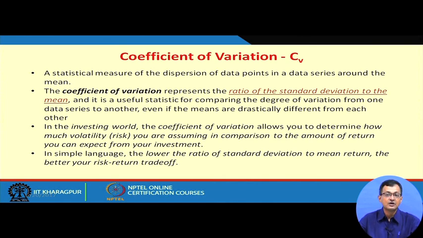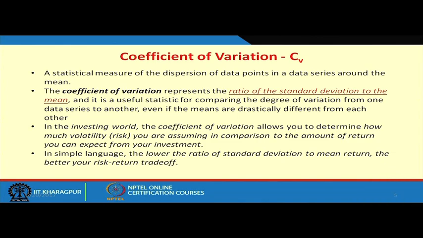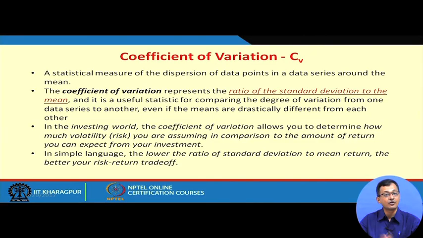I can say whether the coefficient of variation of this data series is more than, less than, or equal to another data series. Even if the means are drastically different, we can compare two data series. How their behavior differs, the CV gives me an idea of that.